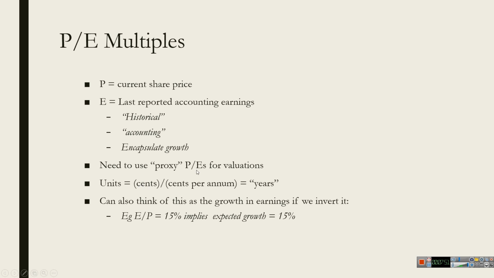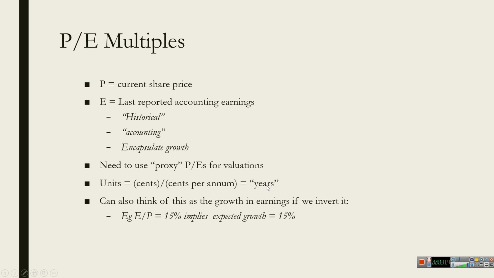Just to understand this a little more, the units of price are cents per share, and the units of the earnings are cents per share as well, but per annum. Remember that the earnings are what happened in the last year. So if you take that divided by that, you get a unit of years.